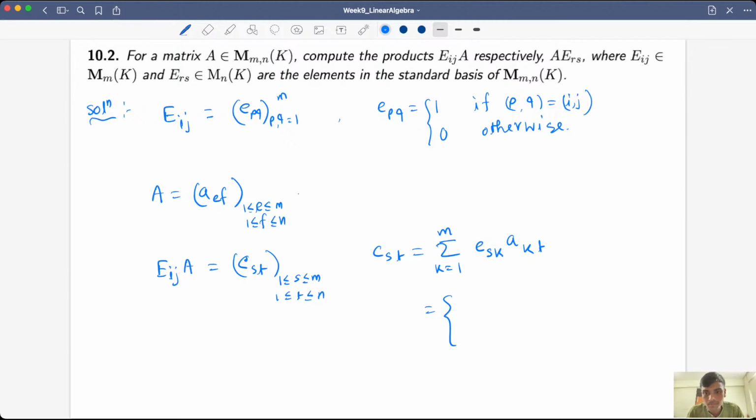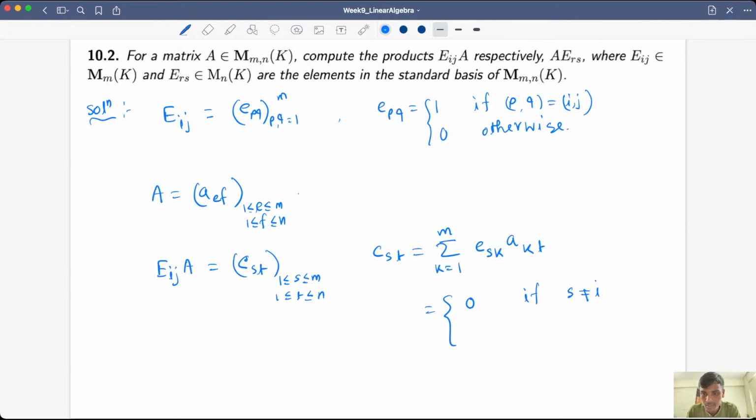This is 0 if s is not equal to i. Obviously whenever s is not equal to i, it is clearly 0, because that's the only possible entry.